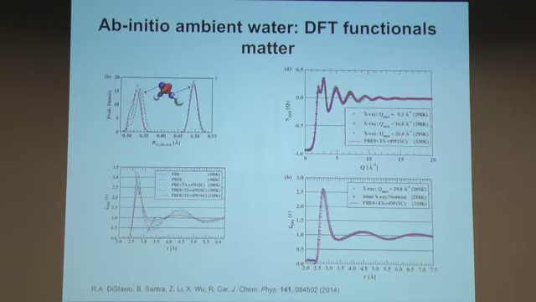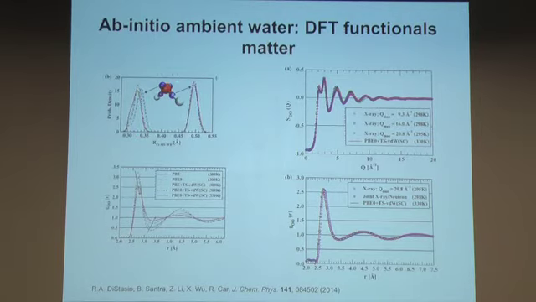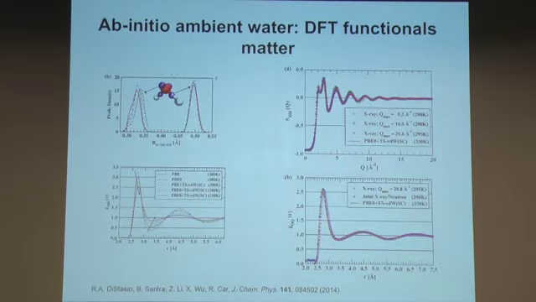What one sees is that if one uses a functional like PBE, the distance of this center of the Wannier function in water, these are the average distributions, is larger than if one uses the better functional. And that reflects the fact that the water is much more polarizable if one has this GGA functional, and this gives rise to a stronger hydrogen bond and therefore to an overstructured water.